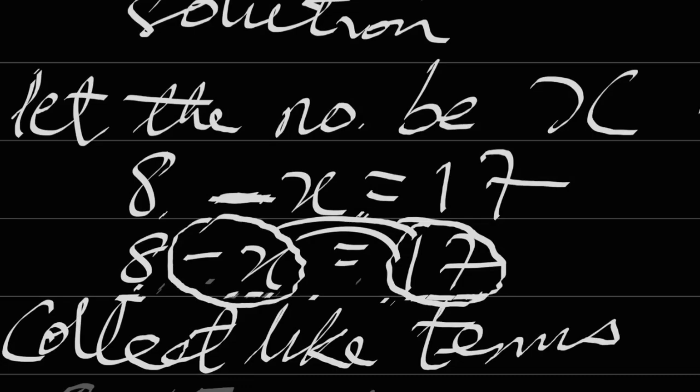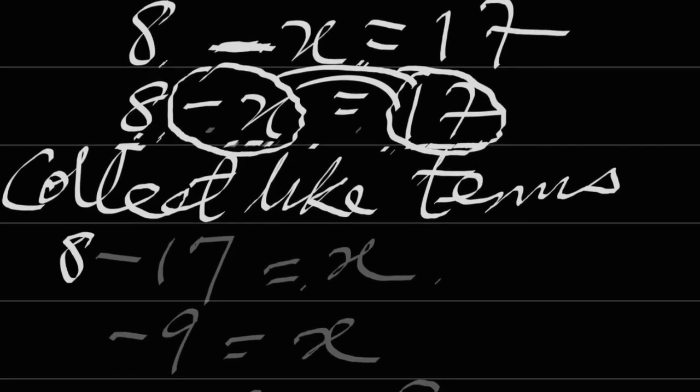Then this letter will go and stay on the other side. So therefore, this 8 is here. This 17, since it is positive here, when it crosses to come and meet its like term, when a positive number crosses, it becomes negative. And then this minus x is crossing to the other side. Since it is negative, when it crosses, it will become positive.